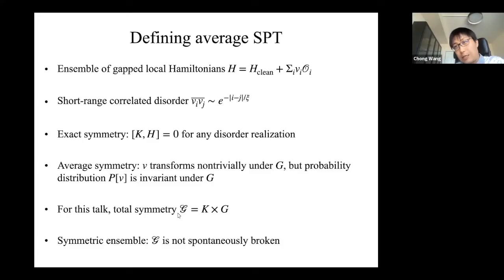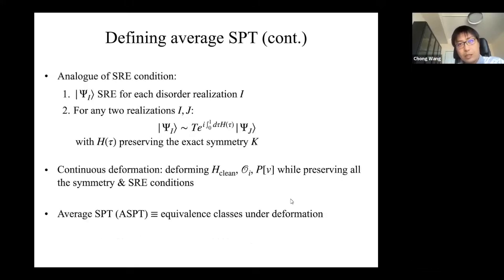So then, analogous to the symmetric states, which are eigenstates of symmetries in the clean case, here we want to talk about a symmetric ensemble, meaning this total symmetry G is not spontaneously broken in the ensemble. So that's the kind of thing we want to play around with.